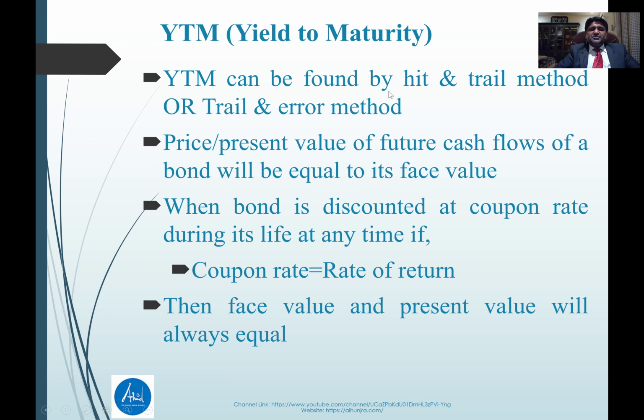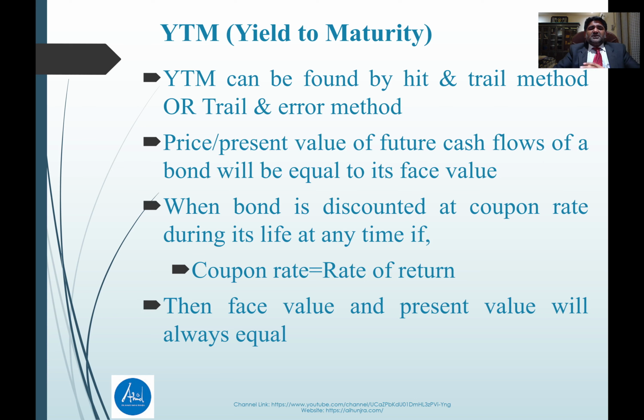The rate which equates the face value and the price, meaning the present value, that is the yield to maturity. I repeat again, the rate which equates face value and the present value is called yield to maturity.